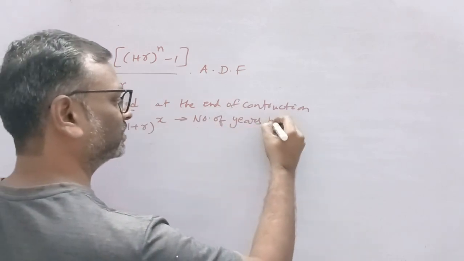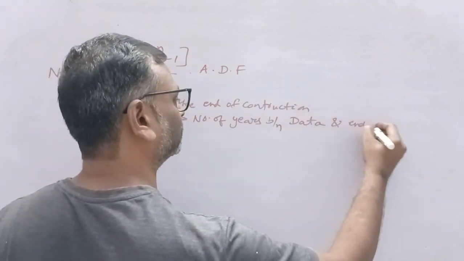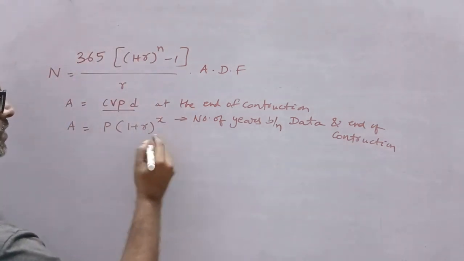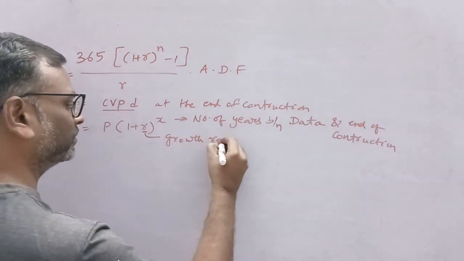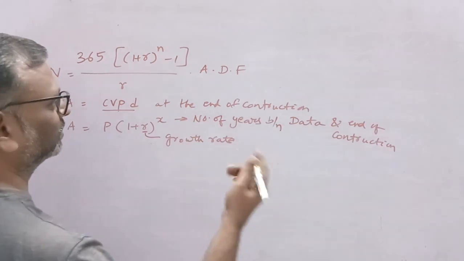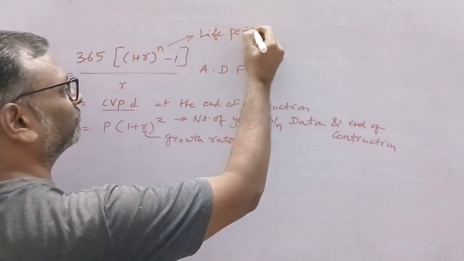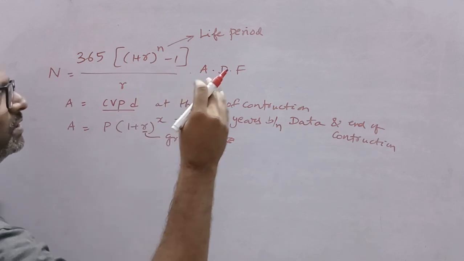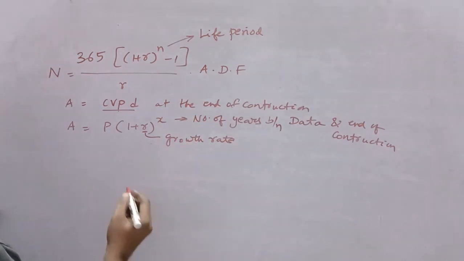So that is this x, and r is the traffic growth rate. If it is given as 5%, then you have to take it as 0.05. And this n is the life period of the pavement. Generally for expressways it is 20 years, and for other types of roads it may be adopted as 15 years.